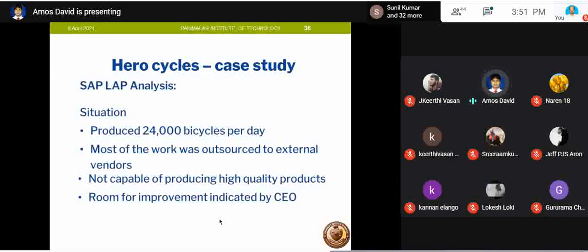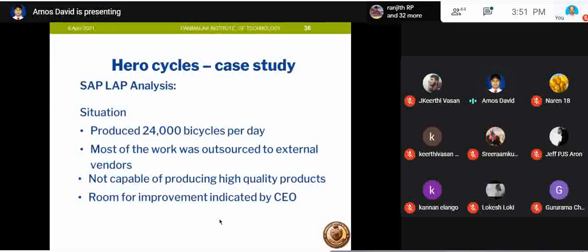24,000 bicycles per day they were producing. Most of the work, like the bicycle frame welding, was outsourced to external vendors. This is the situation. So they went and found out what is happening in the company.